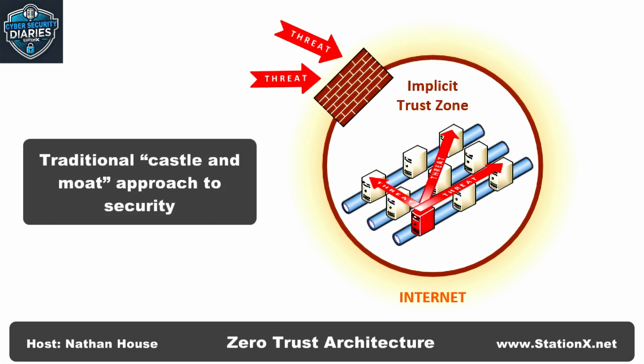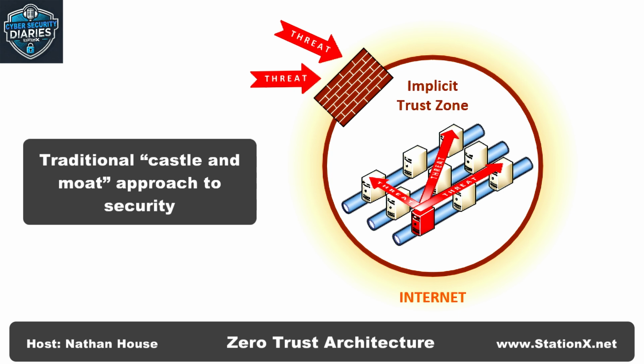For a long time, businesses operated with what's called the castle and moat approach to security. The idea was simple: build a strong perimeter around your network, that's the moat, and trust everything inside. So this worked well enough when most employees worked on site using company-owned devices and when the network was self-contained.